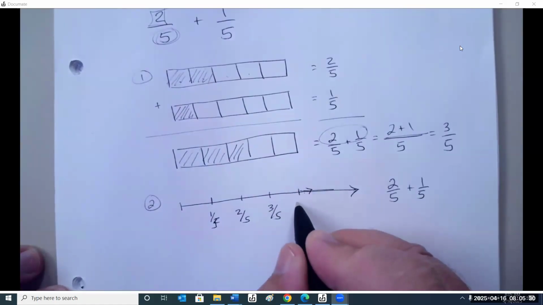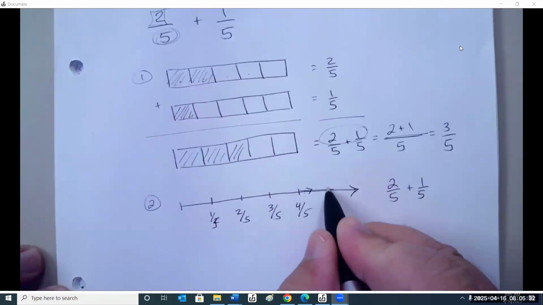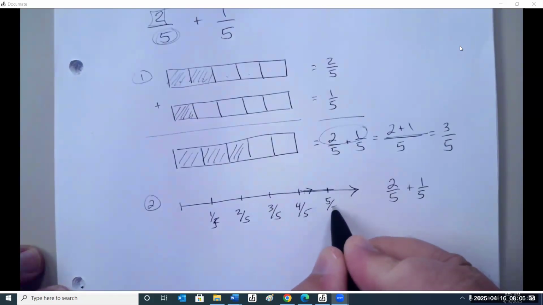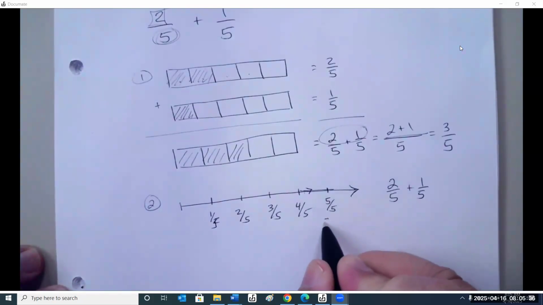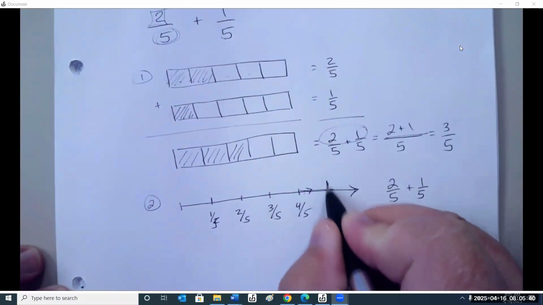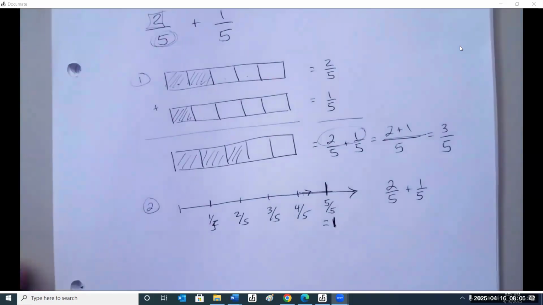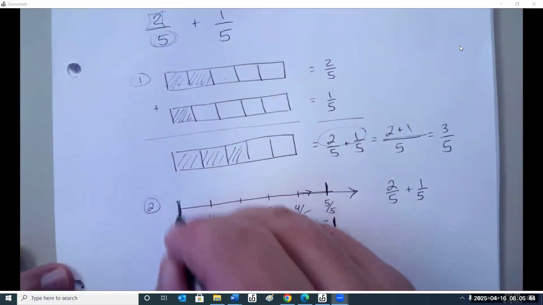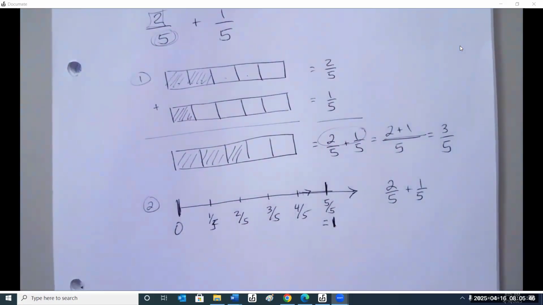What is 5 over 5? 1. So now this is where the number 1 would be. So we're going everywhere from 0 to 1.